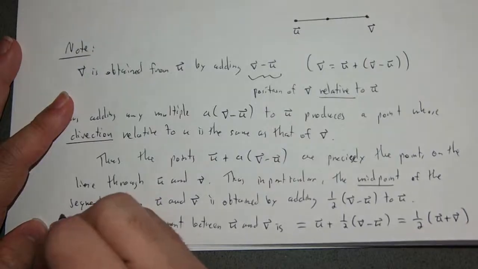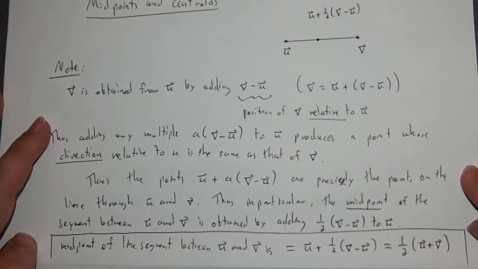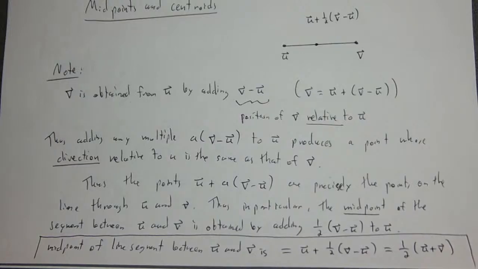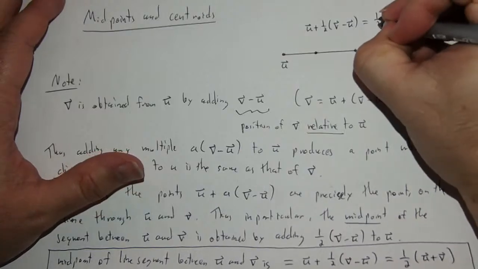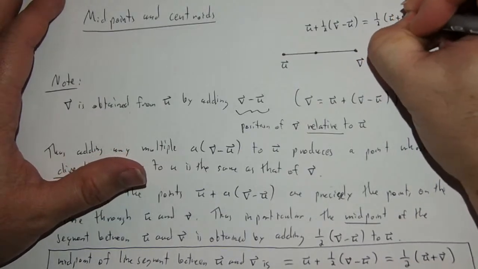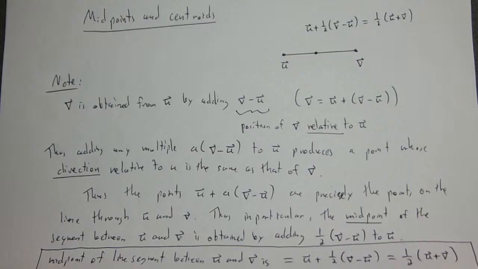So our midpoint then intuitively is the average of the vectors, right? It's the vector average. So rewriting this, this is 1/2 (u plus v) here. Okay, which is exactly what you expected it to be.